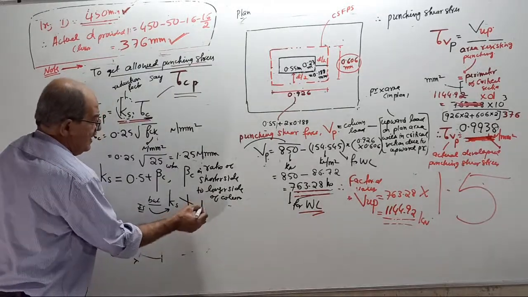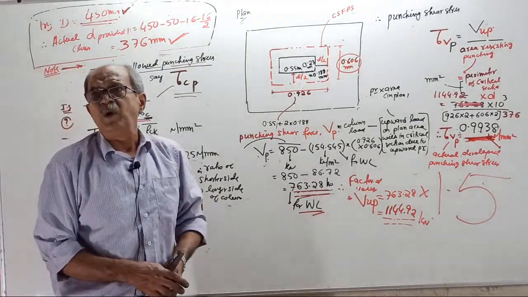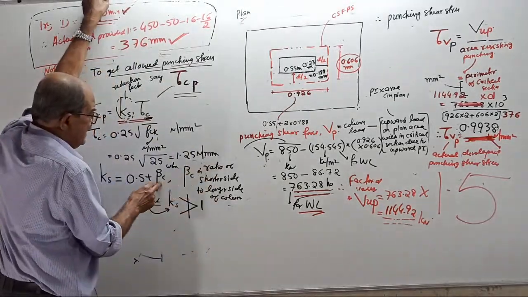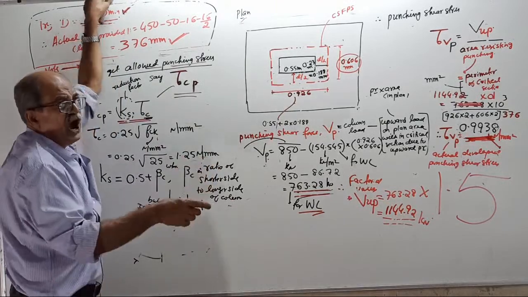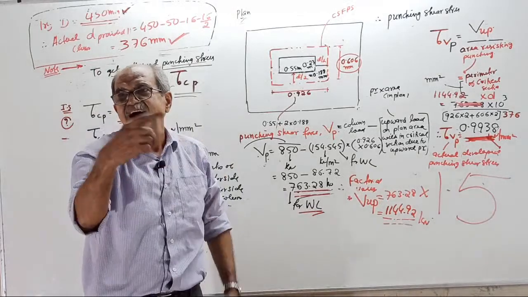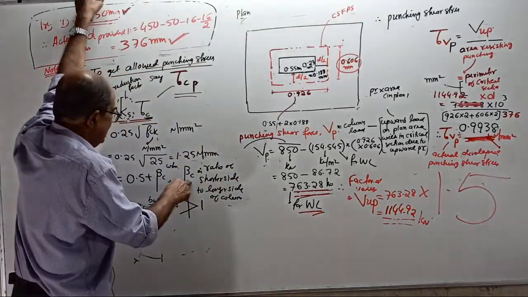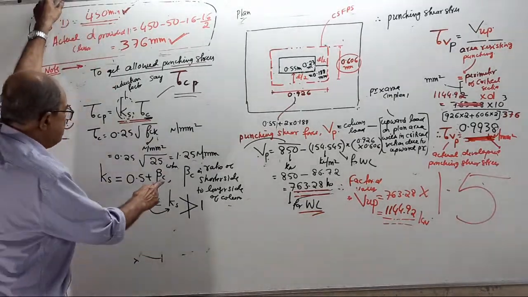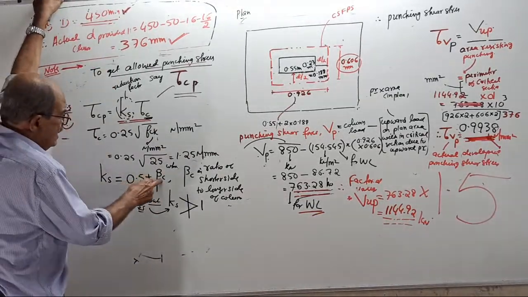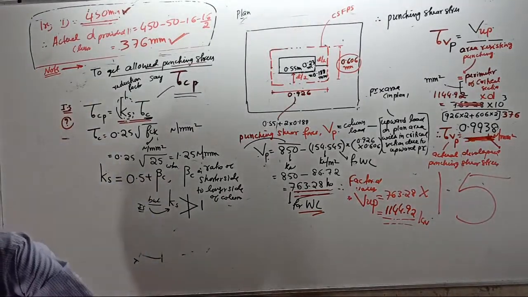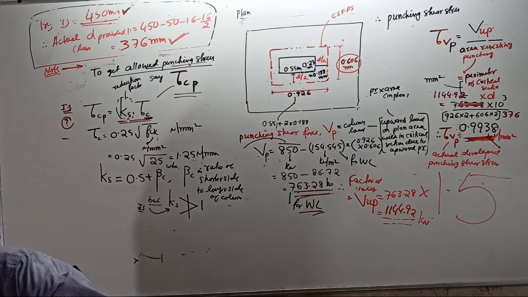Now, see, tell the answer. If it is square or circle, both are equal sides. Tell beta C, the ratio of shorter side to longer side. For a circle, this diameter to that diameter. What is beta C? 1. 1 plus 0.5, how much will it come?